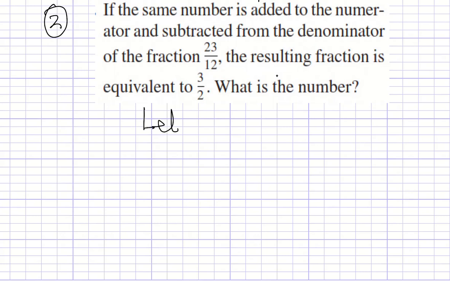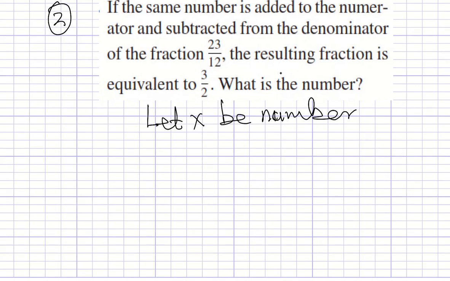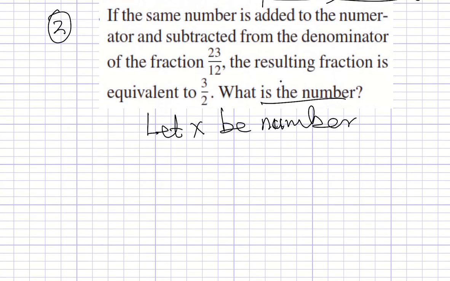You move on. Let x be the number, okay? You're not writing an essay. Just write enough so that people can understand. Because we're looking for this number. What did the added number do?